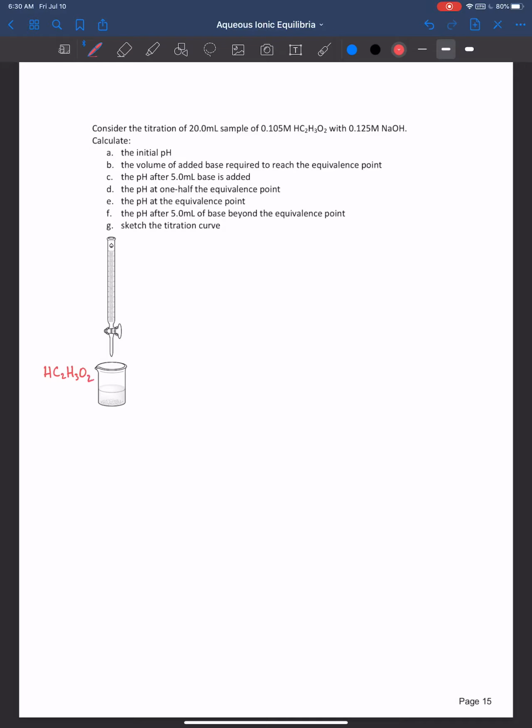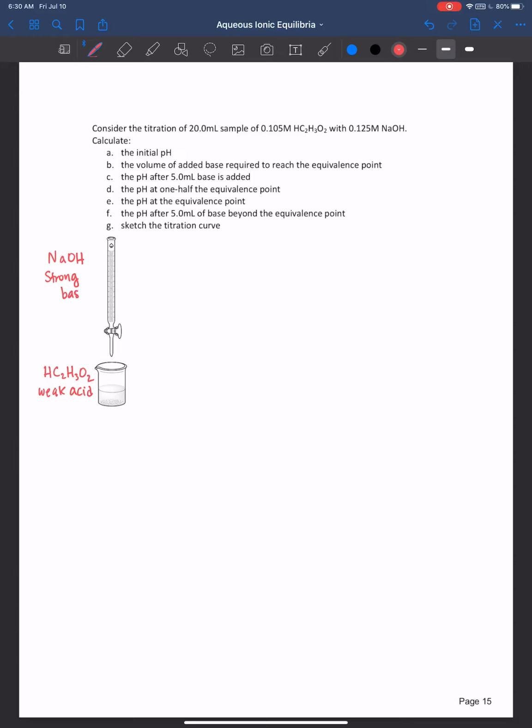And it's important to recognize, is this a strong or a weak acid? It's not one of the strong acids, so it must be weak. In our burette is sodium hydroxide. And what is sodium hydroxide? A strong base.